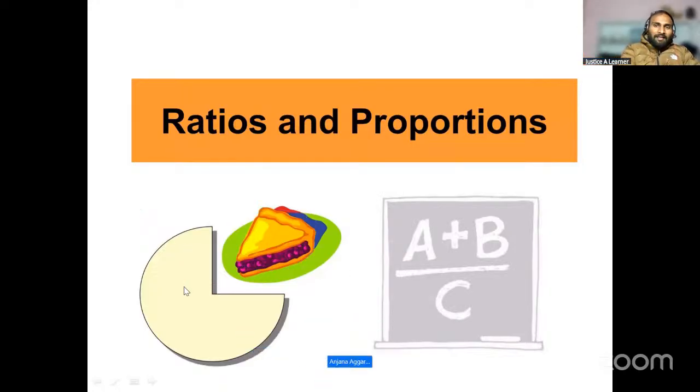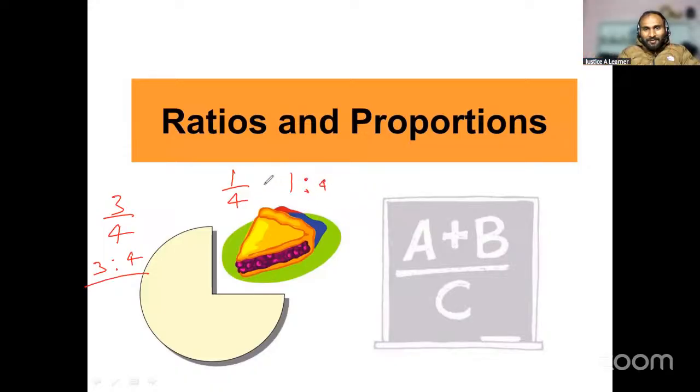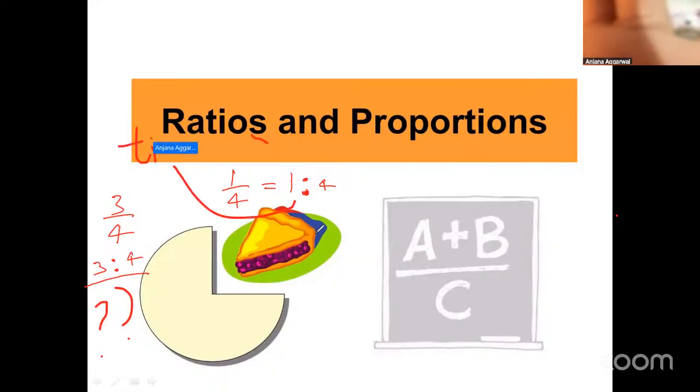Yes, and that's exactly what happens in ratio and proportion, so you need not worry about this. This is 3 by 4 and this is 1 by 4. I would write it as 3 ratio 4, nothing else, and this is 1 ratio 4. I just write this dot, you see. This is called ratio.